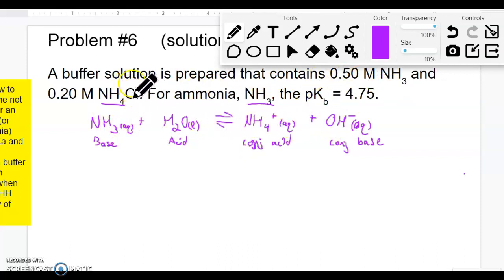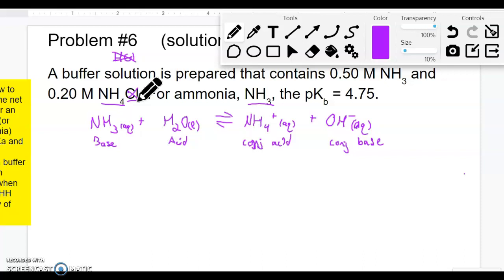I left the Cl out because Cl goes along with HCl. That's a strong acid. It completely dissociates, and because Cl is just here, we're not going to worry about HCl. We can leave this out, and this is what we got.